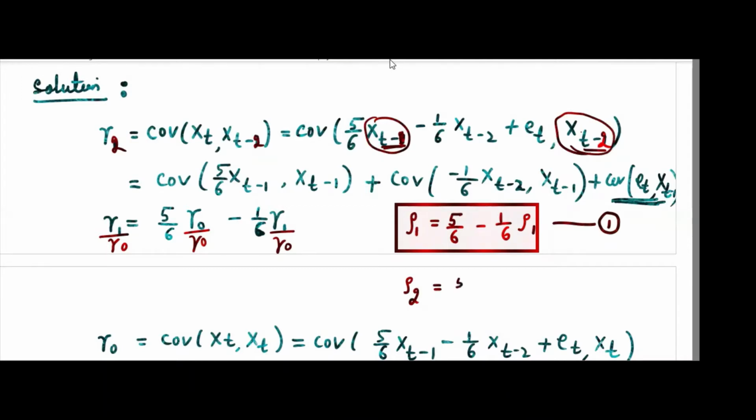So 5 upon 6 gamma 1, and you have to divide, so you will get rho 1, minus, from the second one they are the same, gamma naught, minus 1 upon 6 gamma naught. When you divide by gamma naught, it will be 1. This is the second equation.